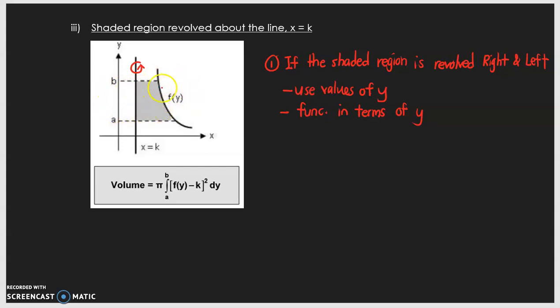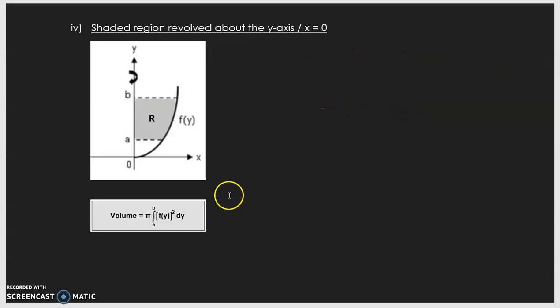So if the shaded region is revolved right and left, for this example, we will use value of y. So y is from a to b, and our function must be in terms of y. So this here is pi integrate from a to b, f(y) minus k, where k is the line of revolution, dy, squared, with respect to y.